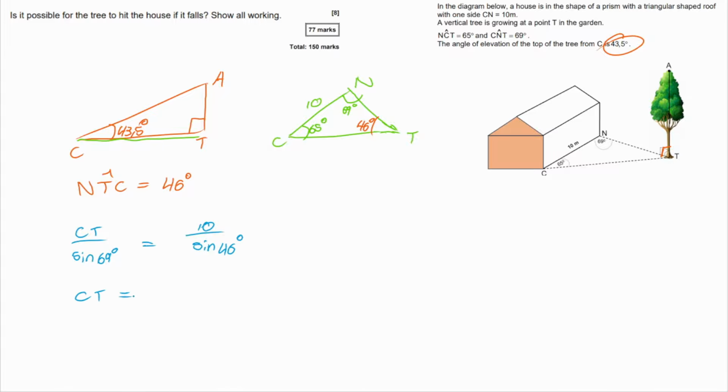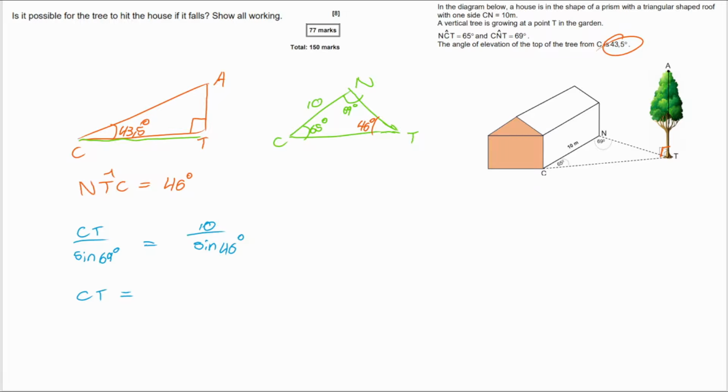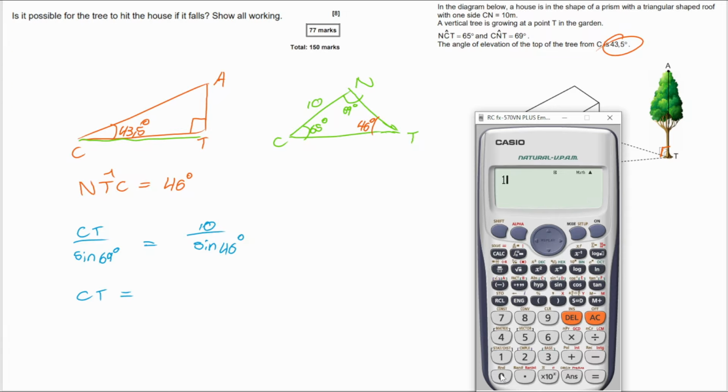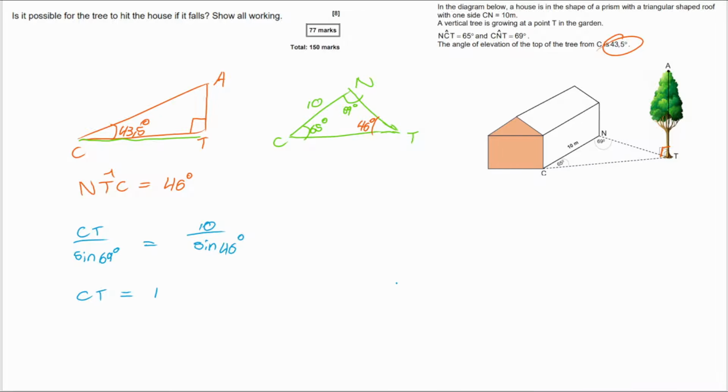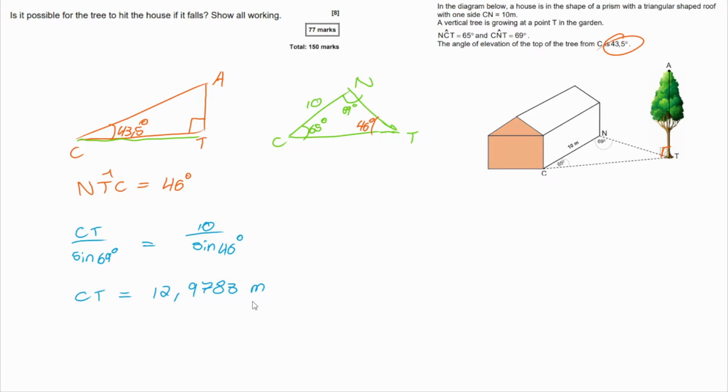So CT is going to be equal to, I'll show it in the calculator, 10 over sine 46 times sine 69, which, to 4 decimal places, is 12.9783 meters. So we have that for CT. We know now that this is 12.9783. Remember, we're trying to solve for AT.